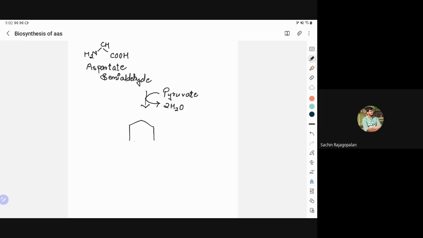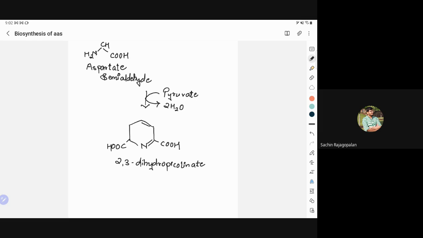which is involved. Obviously, now you will have two carboxyl groups because pyruvate also has a carboxyl group, right? So this structure that you see right now is called 2,3-dihydrodipicolinate.